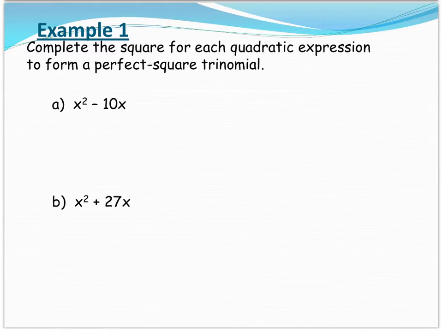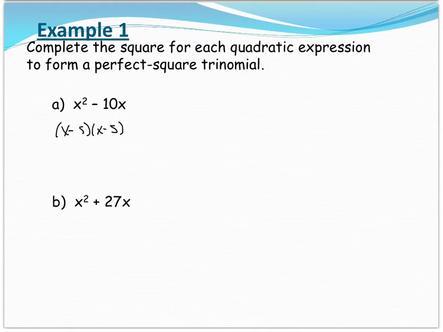We're going to complete the square, and before I tell you exactly how to do it, we know that the perfect square trinomial is something that when we factor it, it's going to be the same thing. So this one, if I was to factor, it would be x minus 5 times x minus 5.